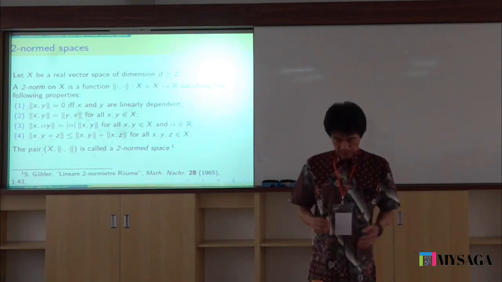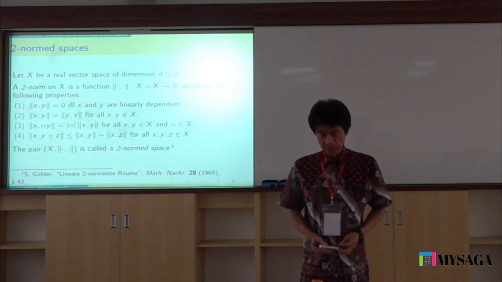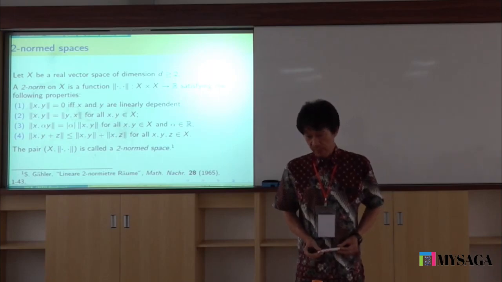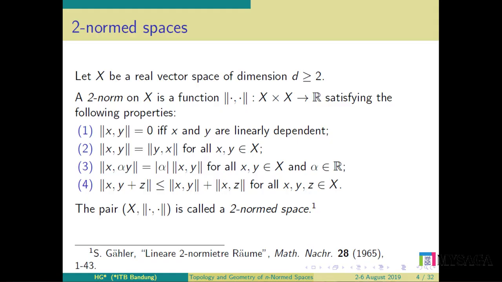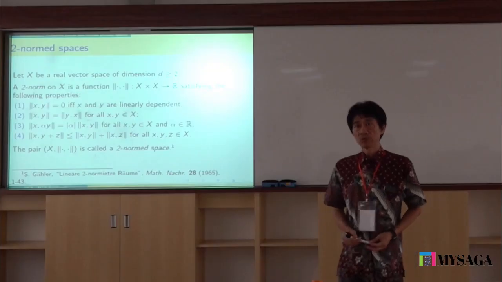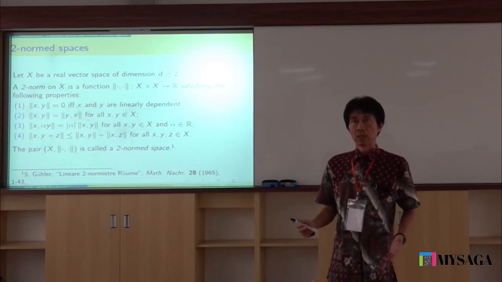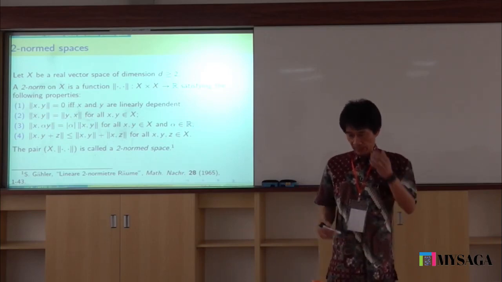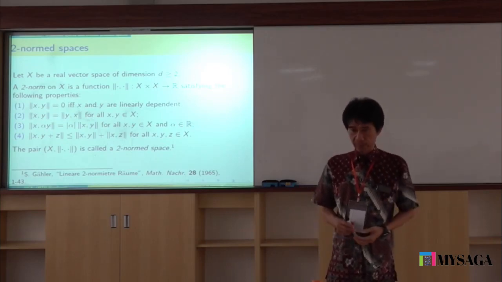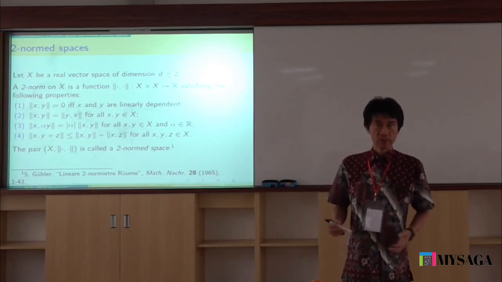Assuming that you know the norm space, I will begin with the notion of 2-norm spaces. Here, the vector space X is at least of dimension 2, because we are going to talk about something geometrically related to the notion of area.